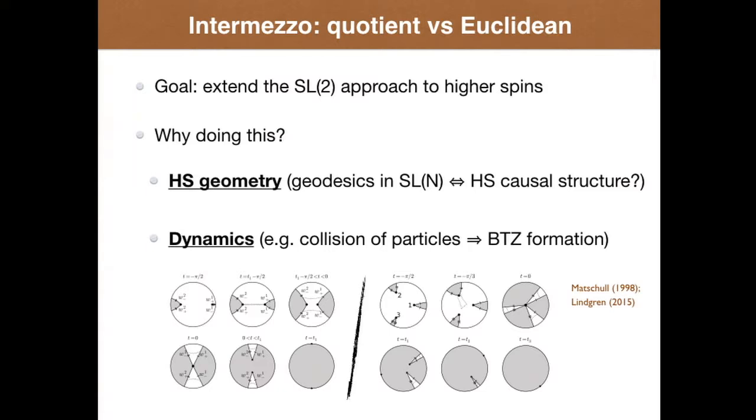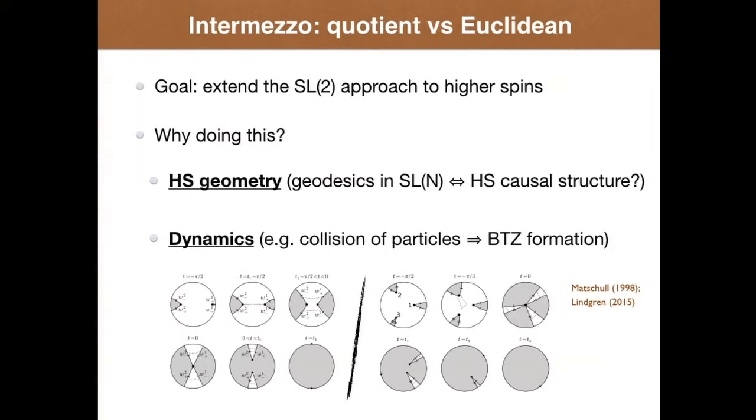One motivation is to try to understand higher-spin geometry better. For instance, how causality is defined in the context of higher spins is not completely clear at the moment, at least. And here you can hope, or maybe you can dream, to obtain notions, constraints on causality, or hints about how to define causality in higher spins, just by looking at the structure of the groups SLN.